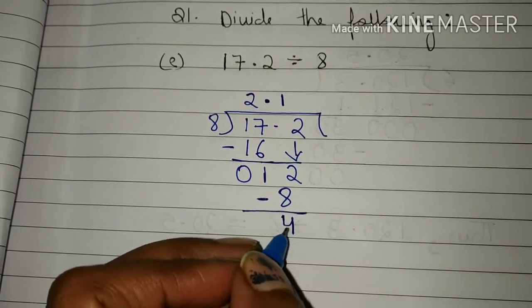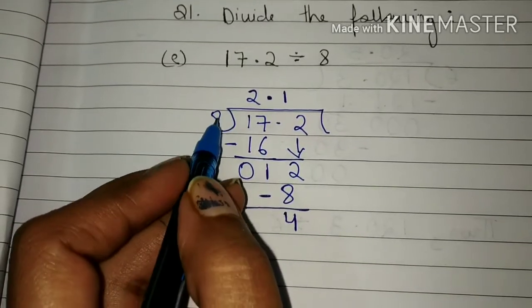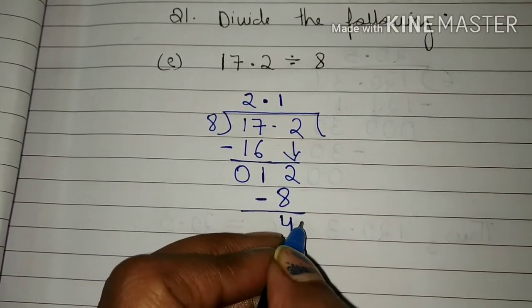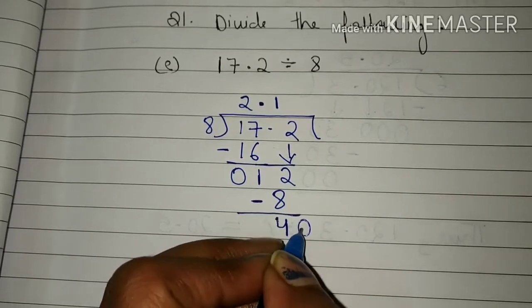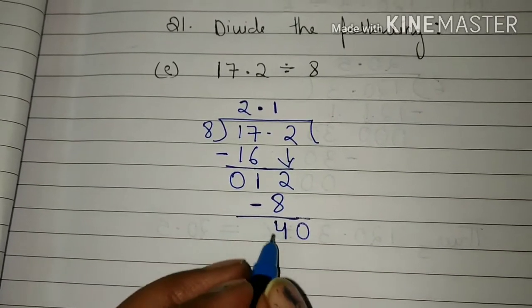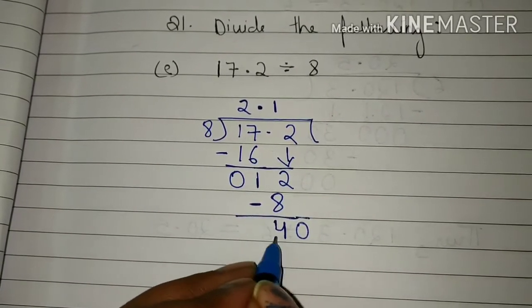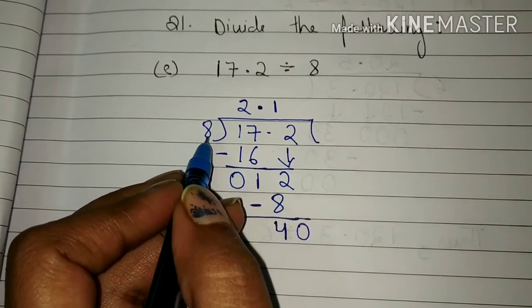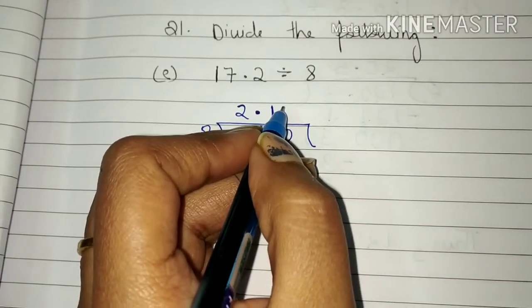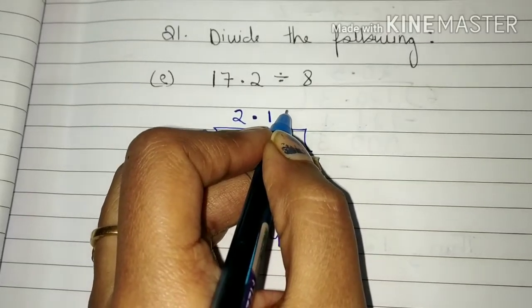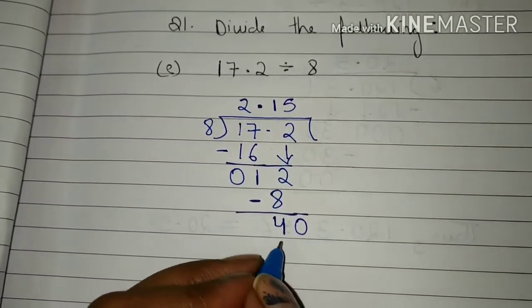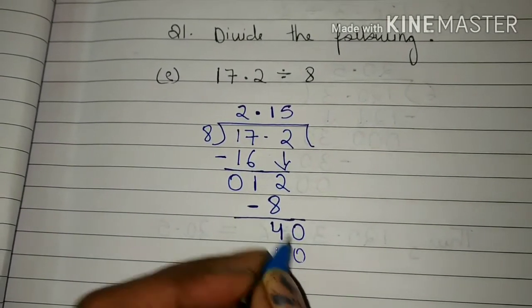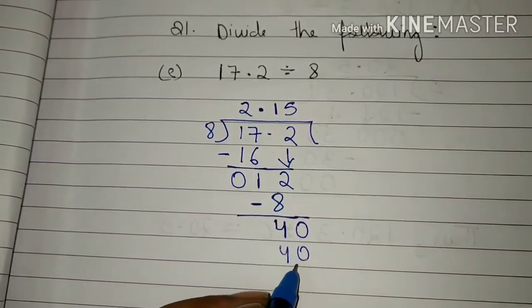Now students, 4 is not coming in the table of 8. So we will write 0 here, and after that we will divide 40 by 8. So 8 5s are 40. So we will write 5 here and then 40 here, because 8 5s are 40.